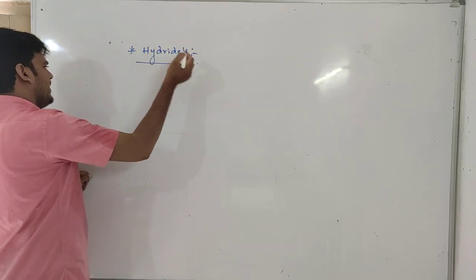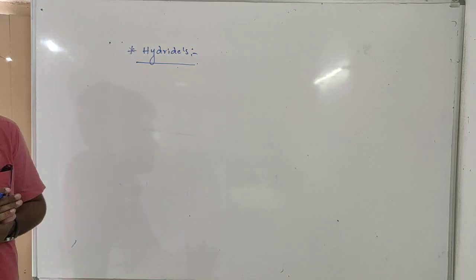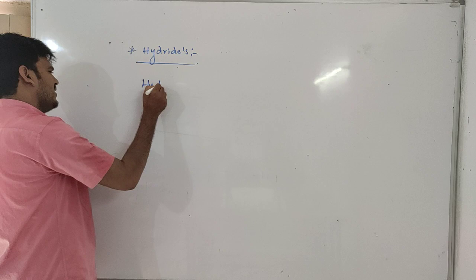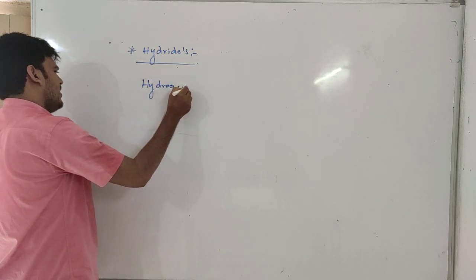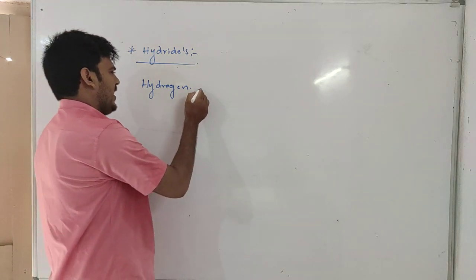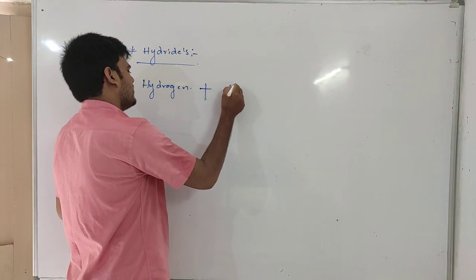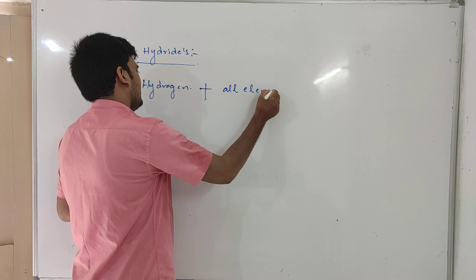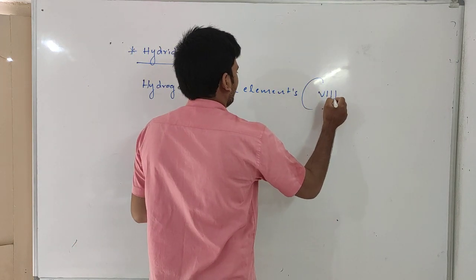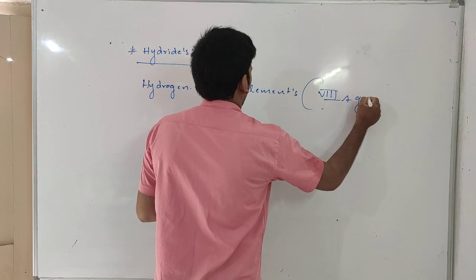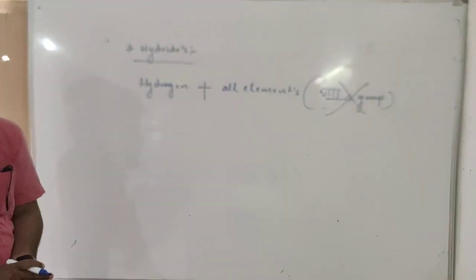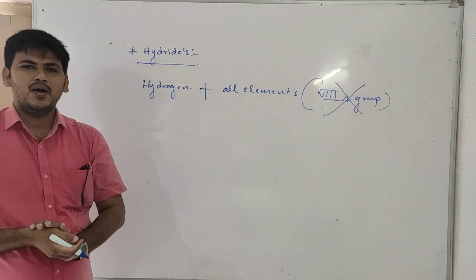So what is meant by hydrides? Very simple. Hydrogen combines with almost all elements except zero group elements, or group 18 elements, to form hydrides.